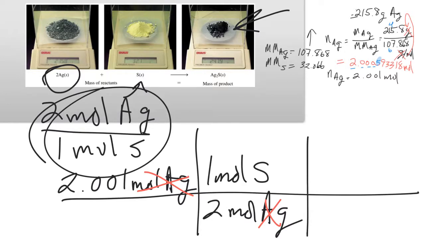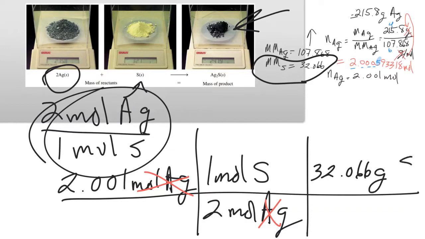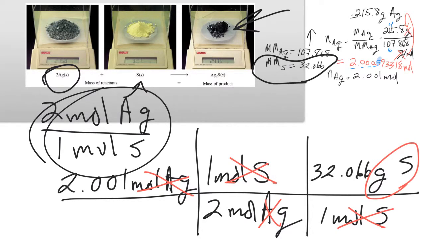But we're then going to multiply by the molar mass of sulfur, 32.066 grams of sulfur per mole of sulfur. So now our moles of sulfur cancel out, leaving us with grams of sulfur. And it should come out to 32.1 grams.